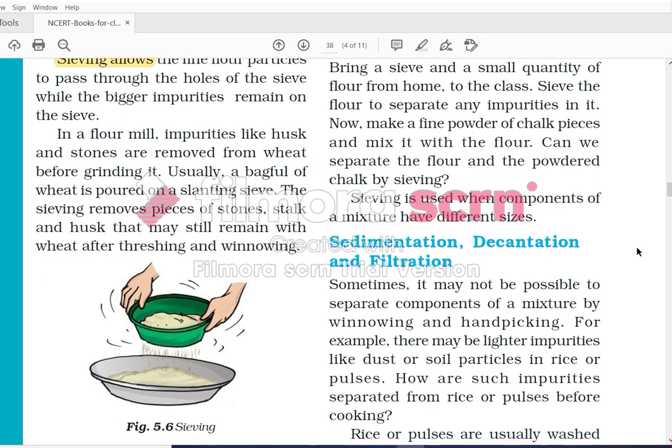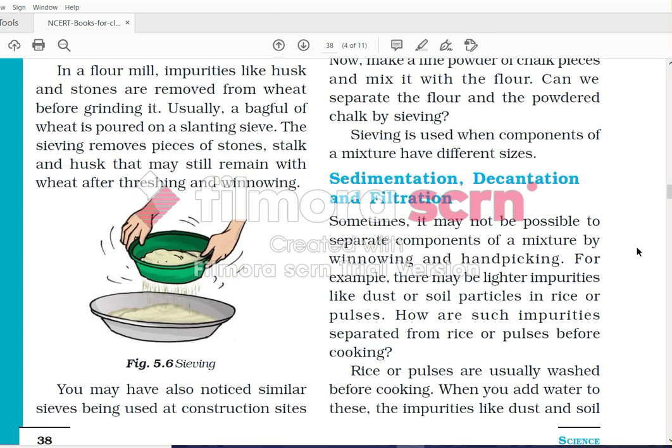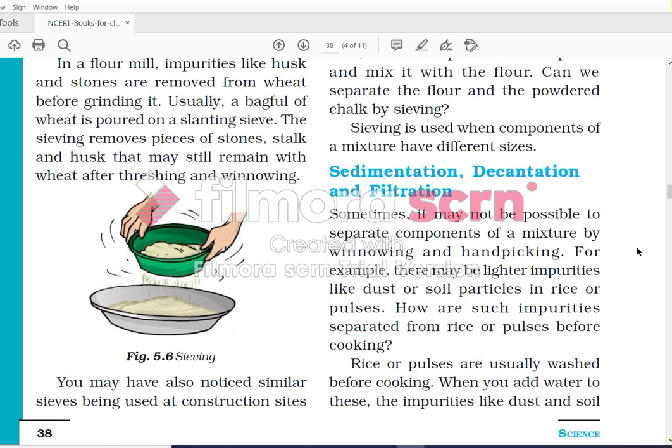In the flour mill, impurities like husk and stones are removed from the wheat. Before grinding it, usually a bag full of wheat is poured on a slanting sieve. The sieving removes pieces of stone, stalk, and husk that may still remain with wheat after threshing and winnowing.